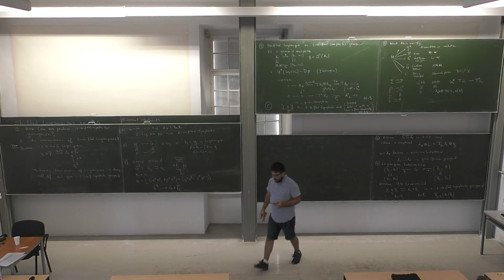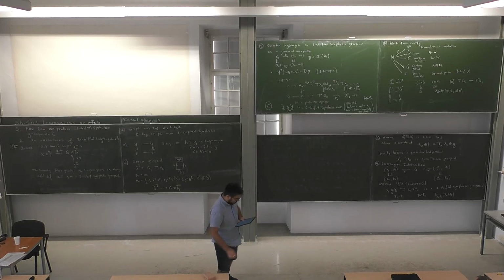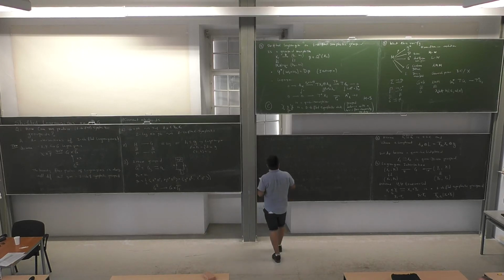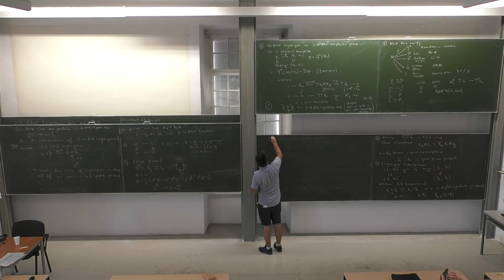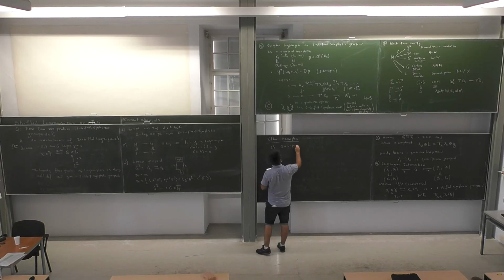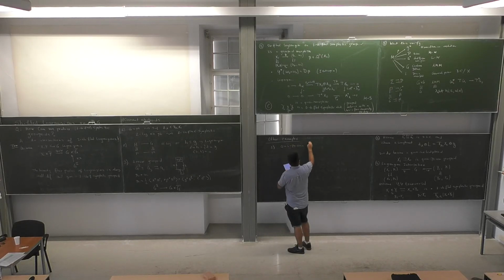Other examples are given by quasi-Poisson DG manifolds.